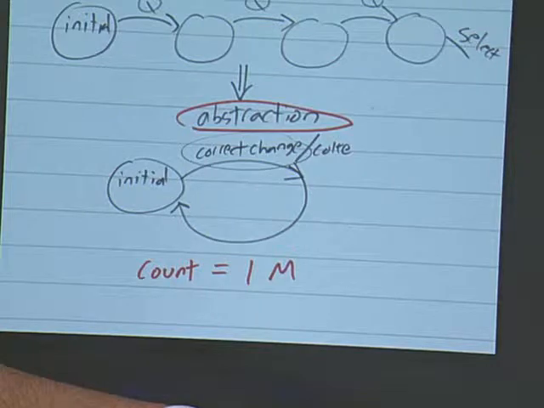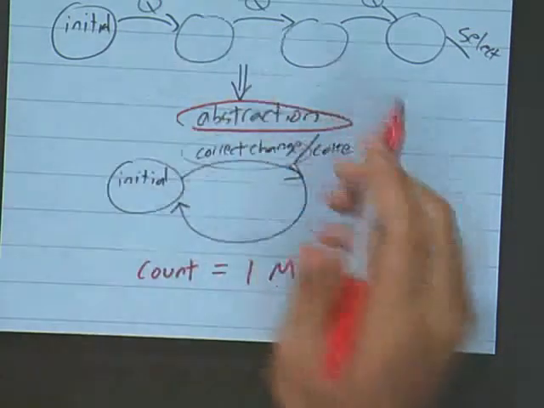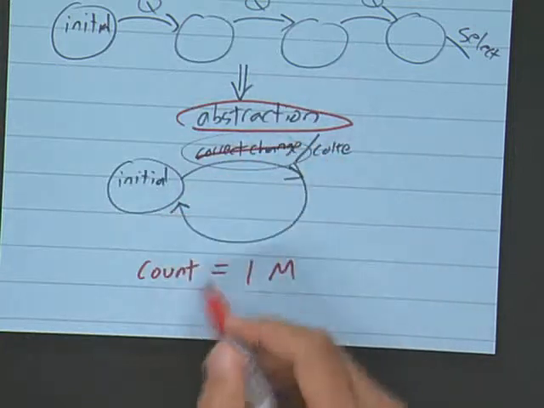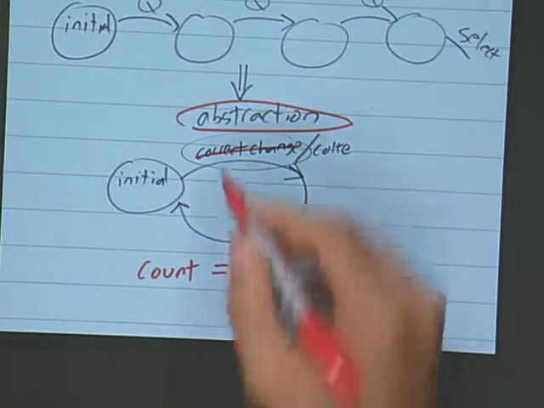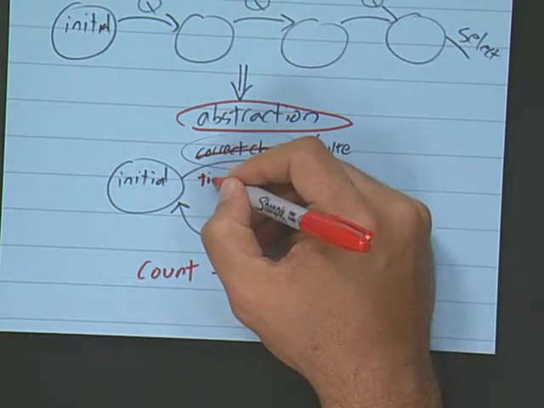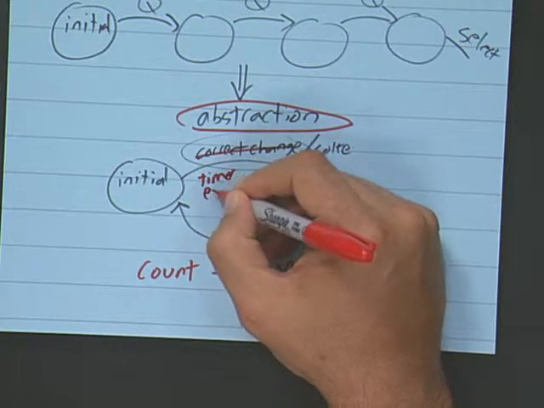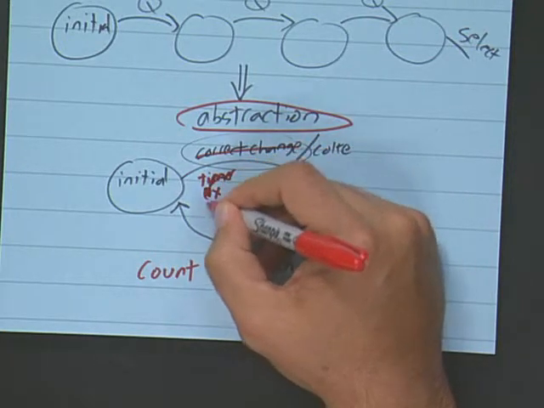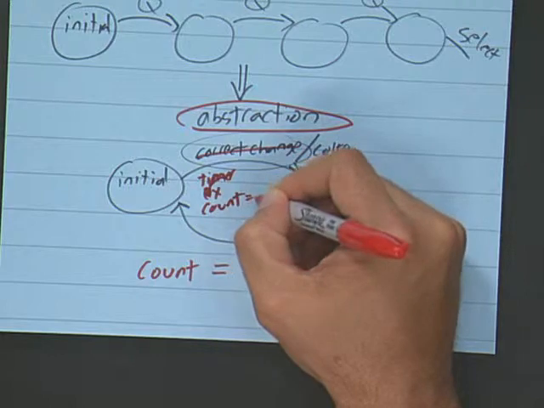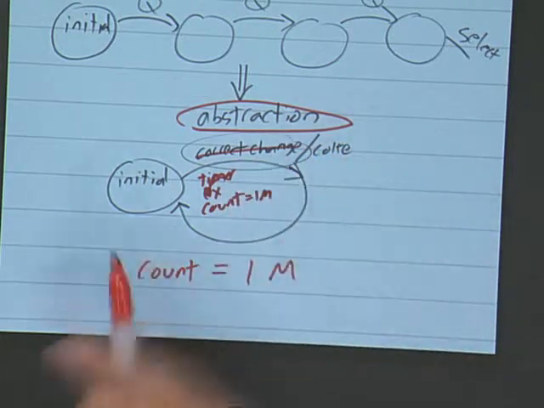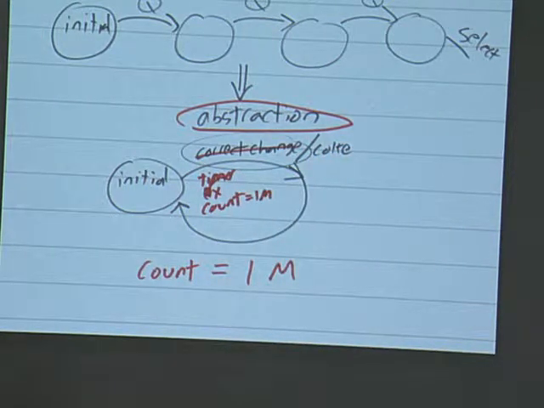Would I have 1 million states? Or would I instead, rather than counting down 1 million events, have something like timer count equal 1 million, and then have that be the event that triggers something, right?